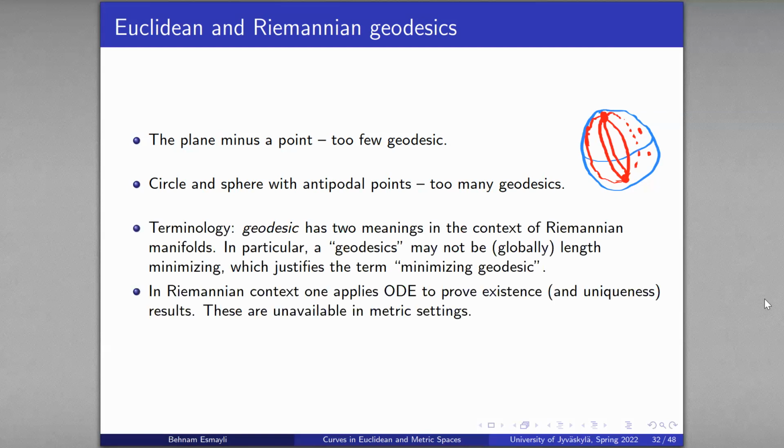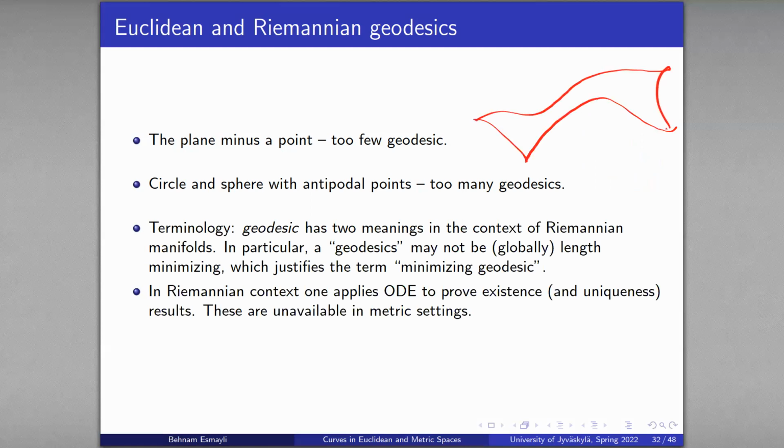Okay, and now here comes a big clarification. Just like the word metric in the context of Riemannian manifolds had 2 meanings, geodesic also has 2 meanings in this context. So if you are on a manifold and you want to find the shortest curve, then you define a set of ODEs by use of calculus of variations, whose solutions satisfy the so-called geodesic equation.